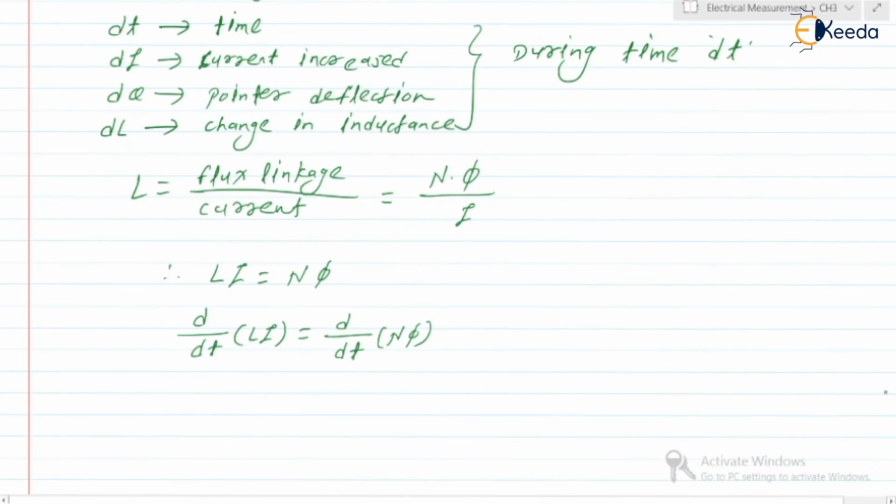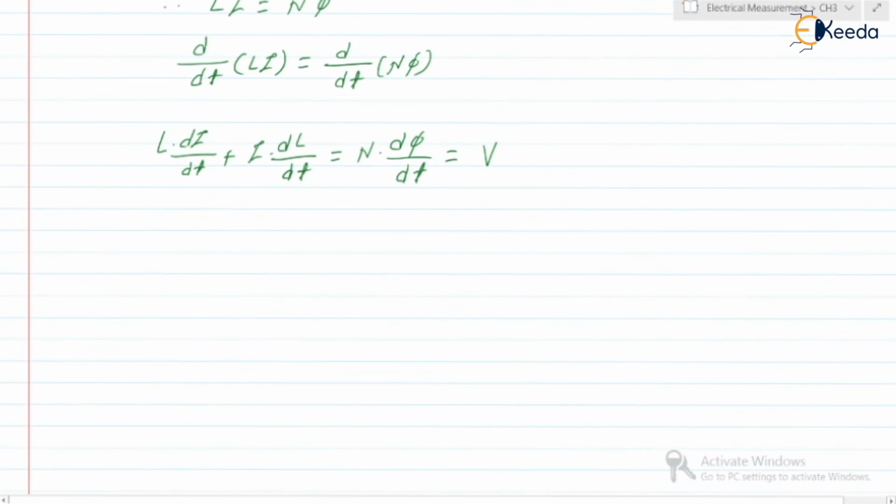The left side can be written as L into di by dt plus I into dL by dt, which is equal to N into d phi by dt. But what is N into d phi by dt? According to Faraday's law of electromagnetic induction, it is the induced EMF. Let us consider it as V.